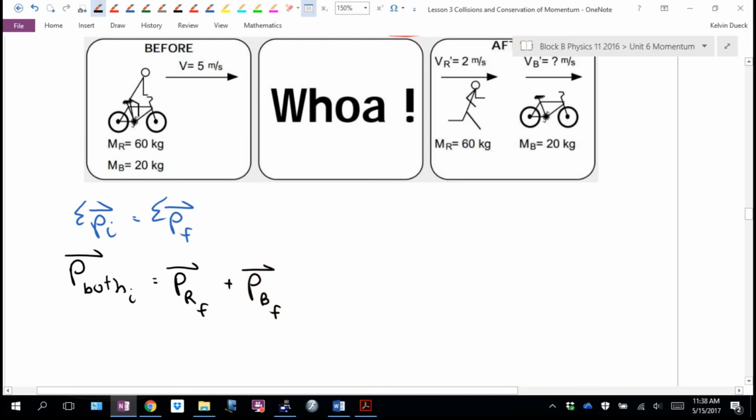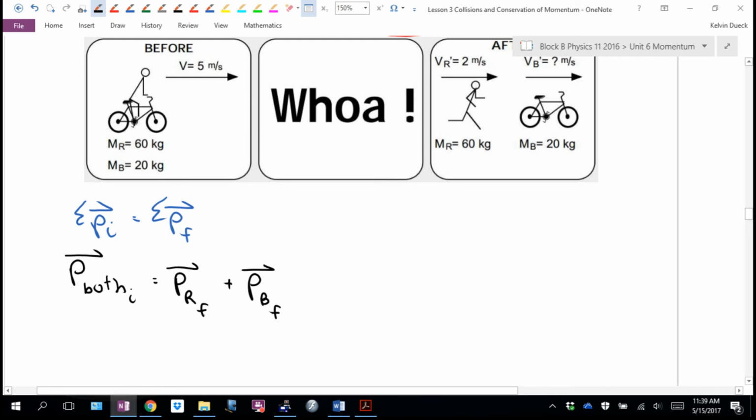It looks like they want me to figure out how fast the bike is going to be going. Now, before we go, let's see if we can get a gut instinct of what the answer is going to be. After I jump off the bike, will the bike speed up or slow down? What's happened to my velocity afterwards?